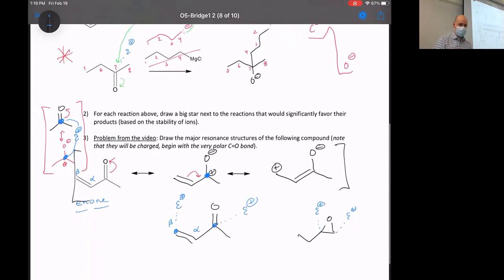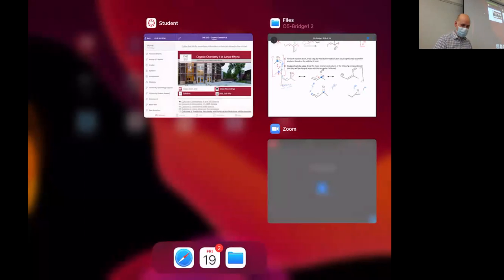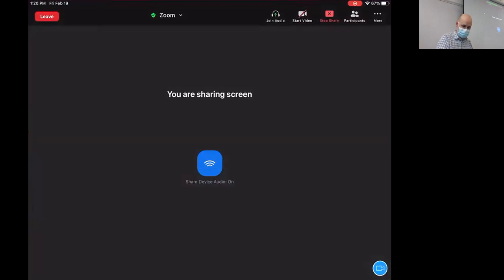All right, so we're going to move on and start a brand new page here. Any questions on this before we move in? I know this might seem like we're hopping all over the place, but all of this stuff is related. We're looking at attacking carbonyls, but the enone is different variations on attacking carbonyls. So we're going to share a whiteboard, and we're just going to focus right now on this enone.